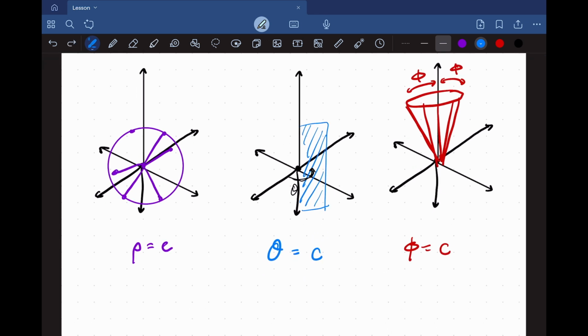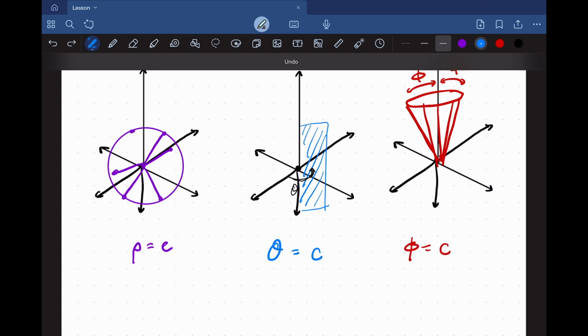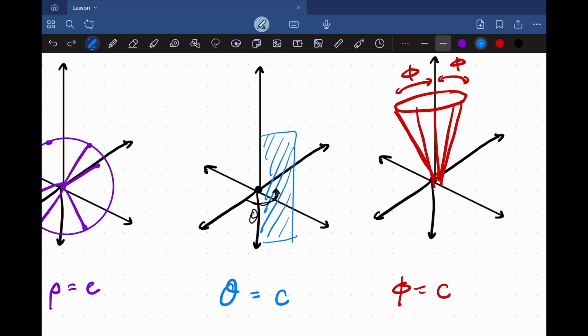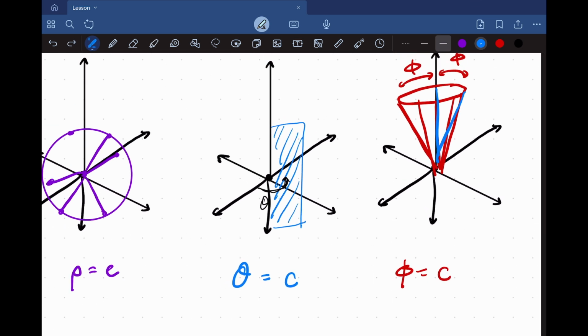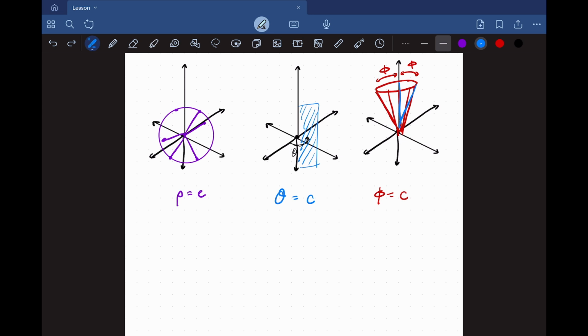Same thing with the third parameter, which is phi. We can define phi as a constant, and every single line segment that is an angle phi away from the z-axis would be a line segment forming that cone. And this is a half cone. In the next example, we will explore how we can convert rectangular to spherical and how much easier and more comprehensible that equation will actually be.